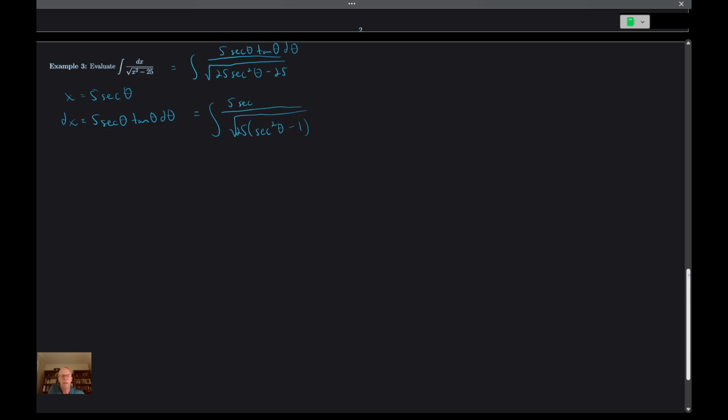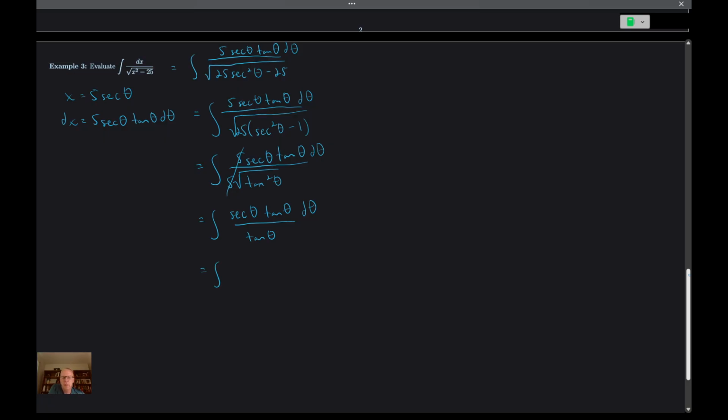Leave the bottom the same. Then the square root: we pull out the 25 as a 5, and then we have tangent squared theta. The 5s cancel, and we have secant theta tangent theta over tangent theta d theta.